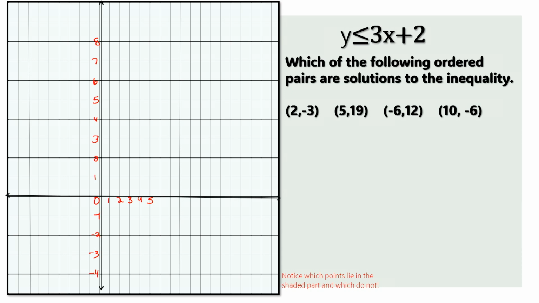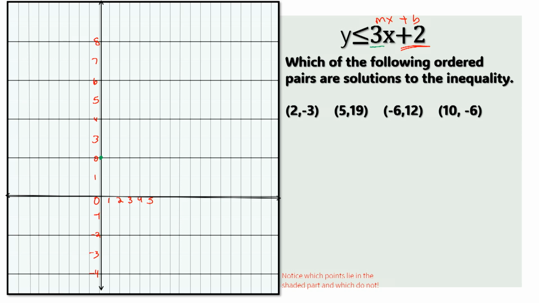The easiest way for us to graph these is to start at the beginning, which is my y-intercept. Remember, in y equals mx plus b, that's the positive 2. So I am going to start at my positive 2. This is where I'm starting to graph. Now, how do I find those other points? I'm using my slope, which is 3.